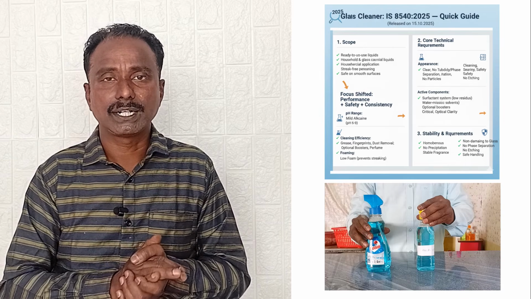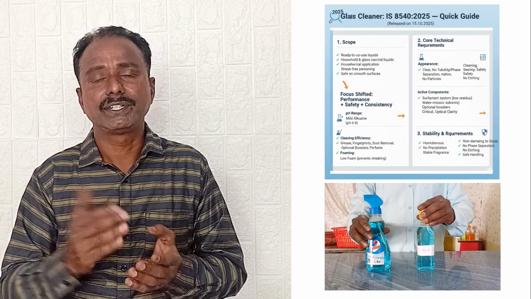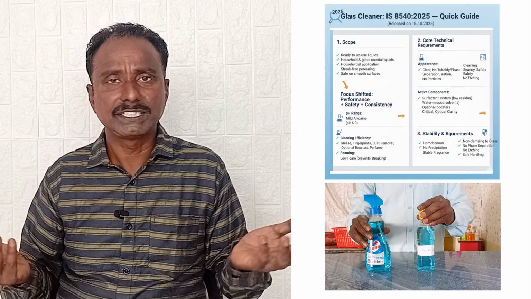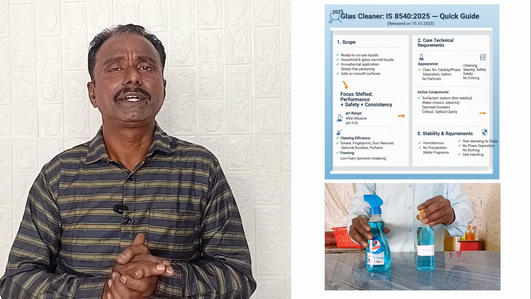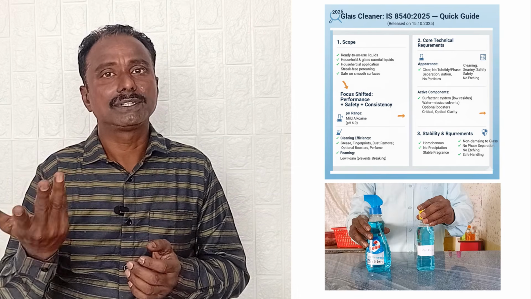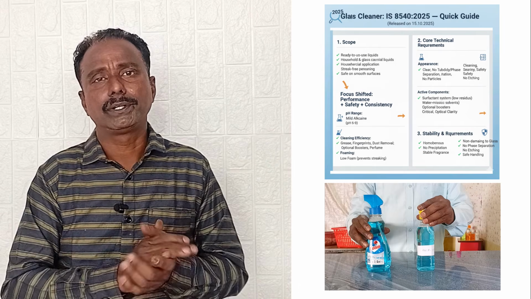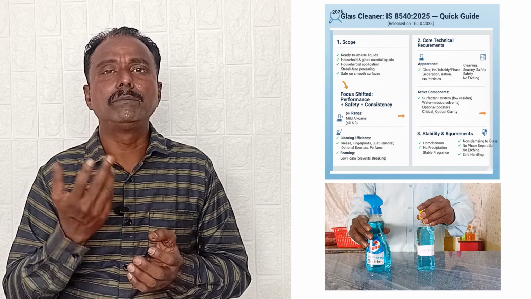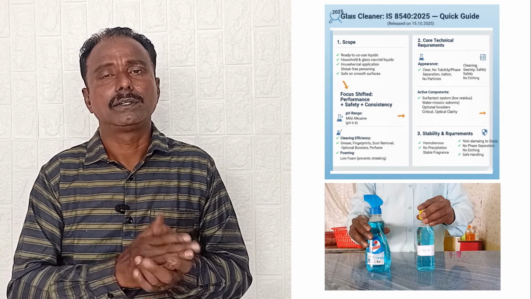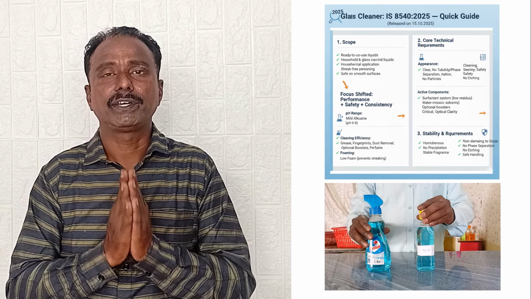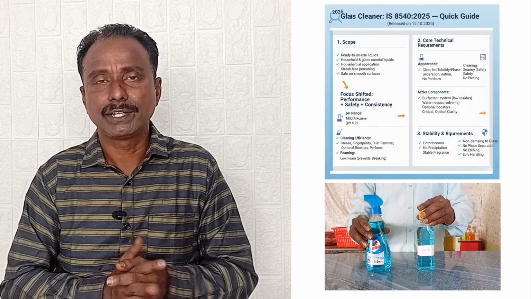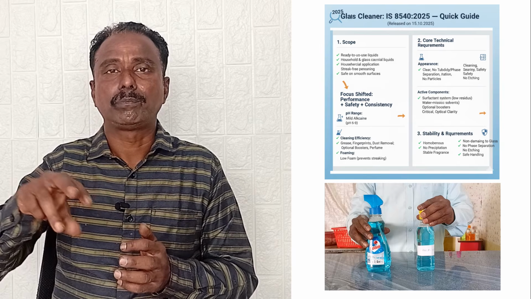In the case of the current 2025 version, it is a performance based specification. But in both versions, they didn't mention anything about choice of ingredients, minimum active matter or pH, etc. They are mainly focusing on the product and its performance.